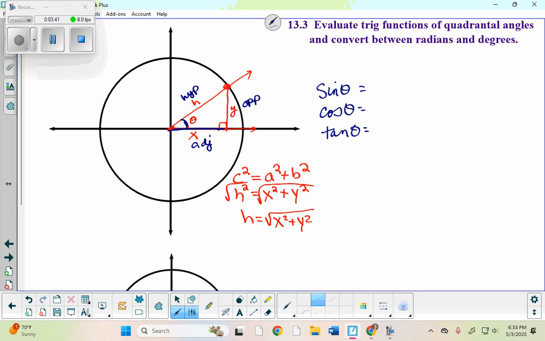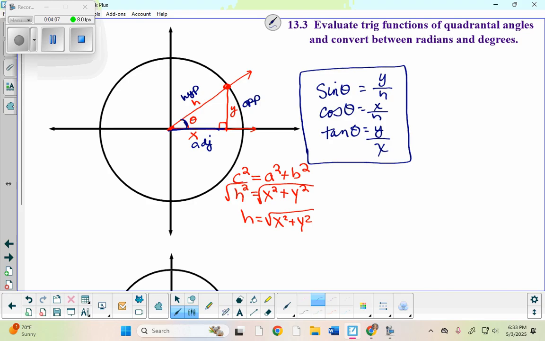So instead of using h, you might see an r. Your sine is opposite over hypotenuse, so it would be y over h. Your cosine is the adjacent, x, over the hypotenuse, and tangent is opposite, which is y, over adjacent, which is x. These you want to remember when you do quadrantals.